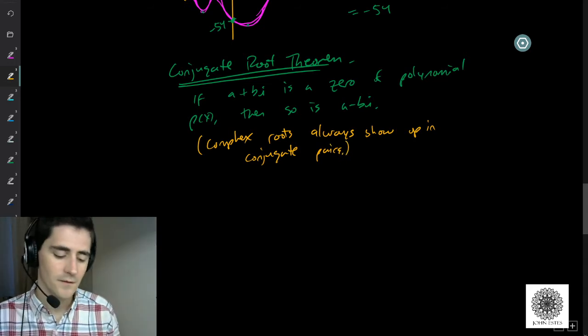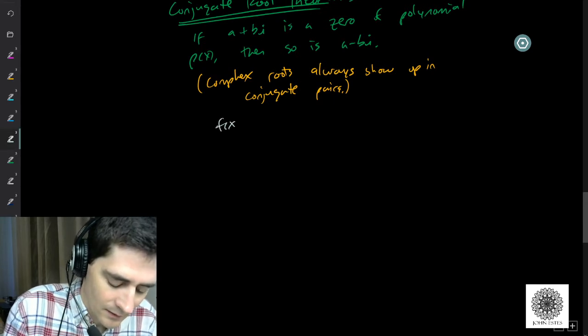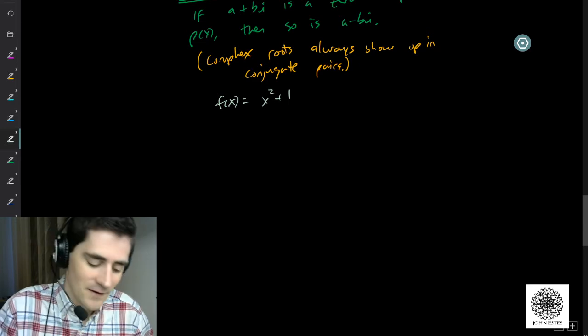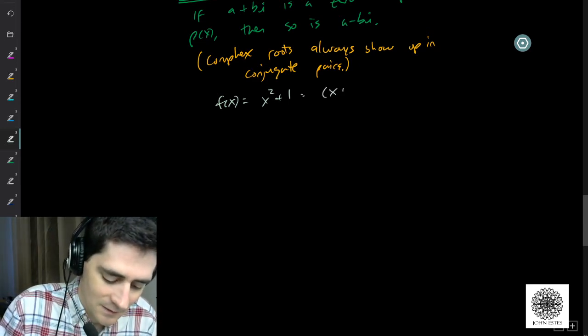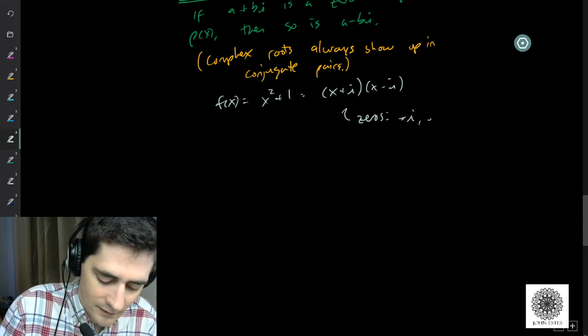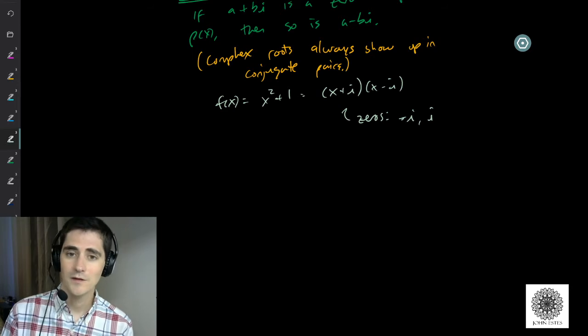Okay, so let's think back at the beginning, the example we had with complex numbers, we had x squared plus 1. And remember how that factored? That factors as x plus i times x minus i. Its zeros are negative i and i. They're complex conjugates, right? And so it's always going to work that way.